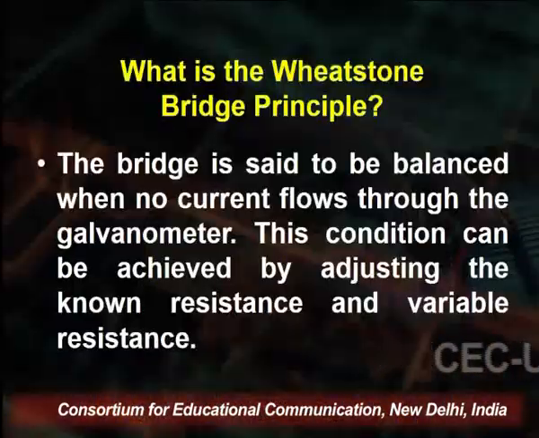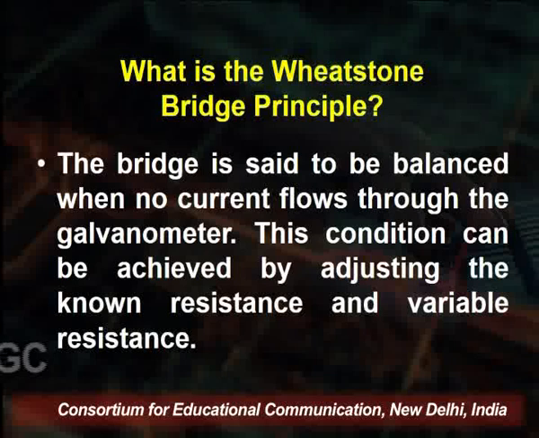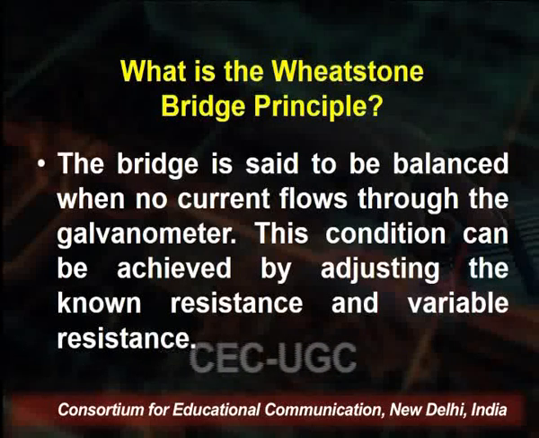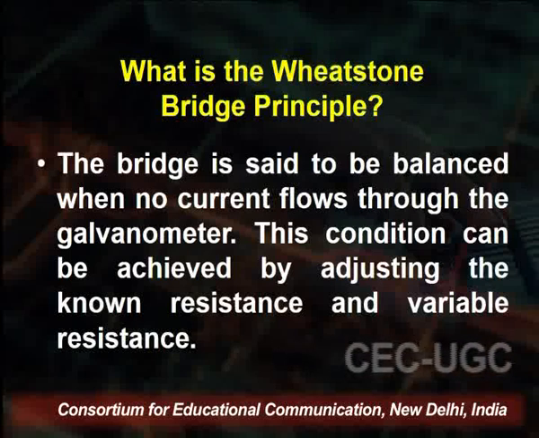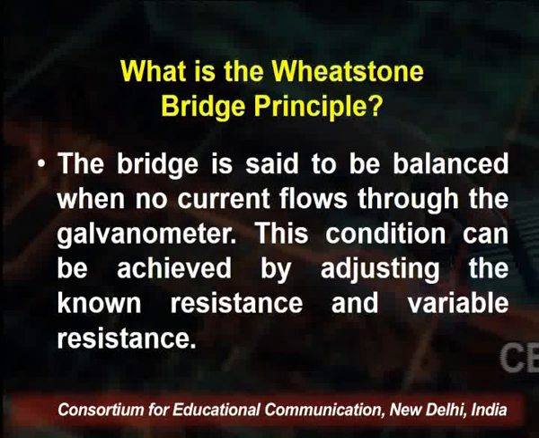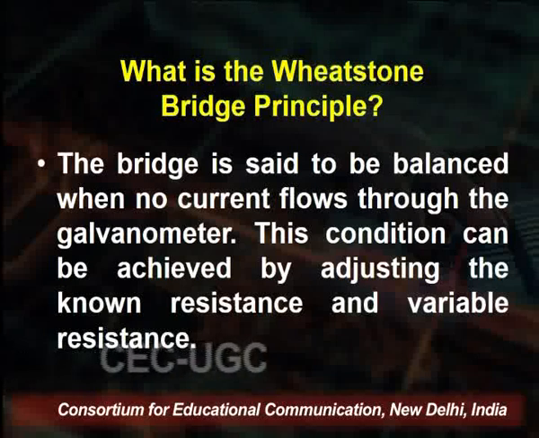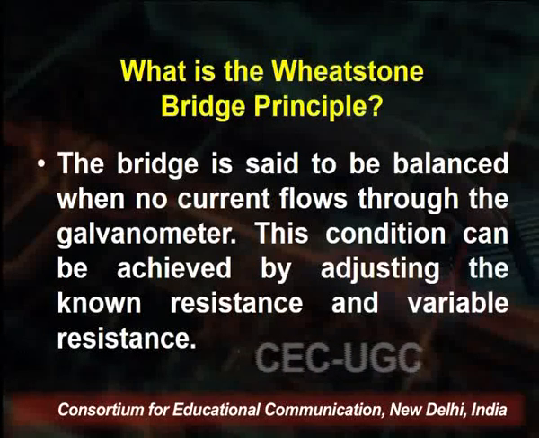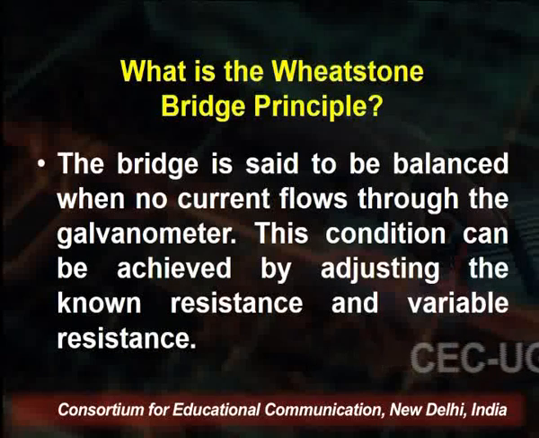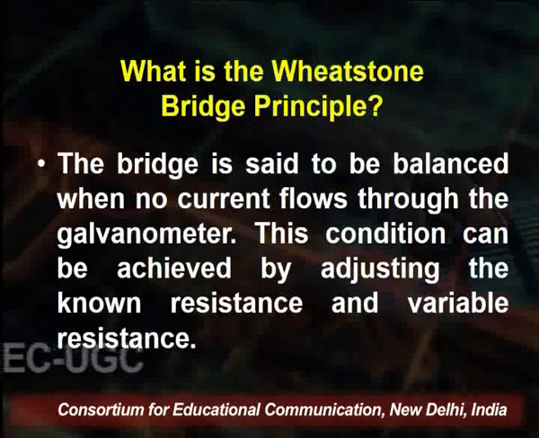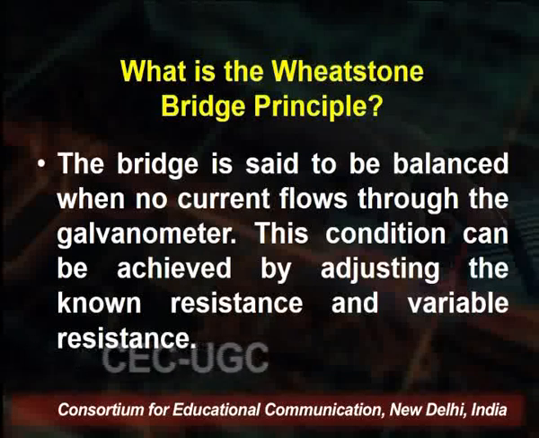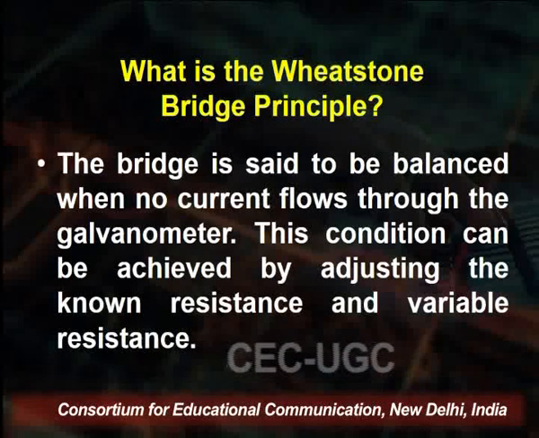This condition can be achieved by adjusting the known resistance and the variable resistance, so that we get the output in the galvanometer in the form of zero deflection.